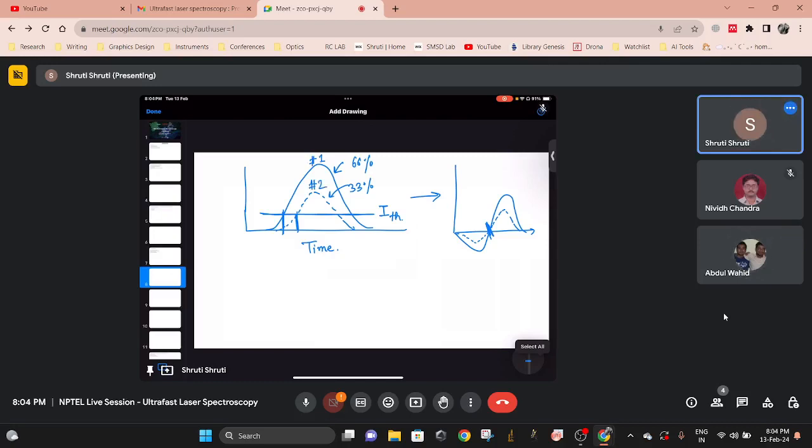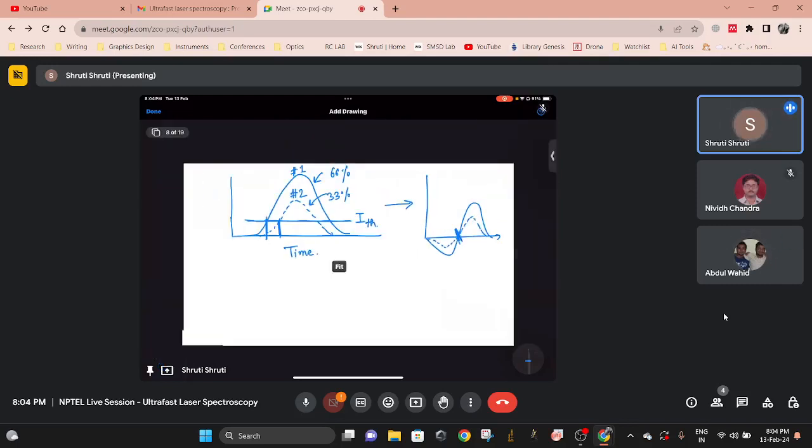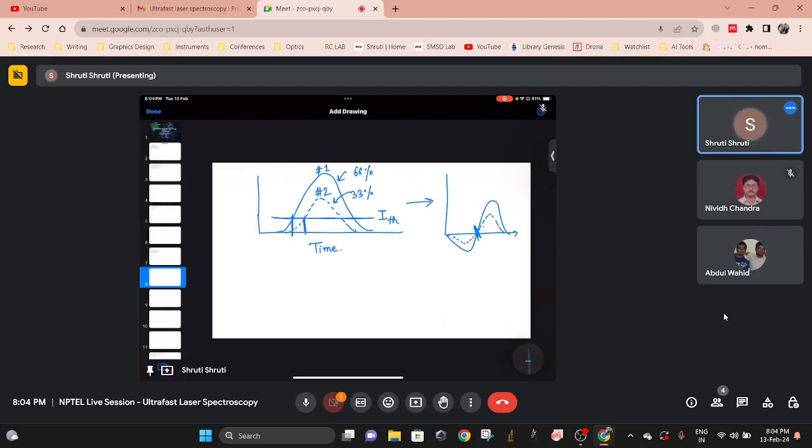Subtract 66% of this from the first and 33% of this from the second, and then you add the two parts. Then it will come out something like this, and it will have the same start time. So CFD works like this.